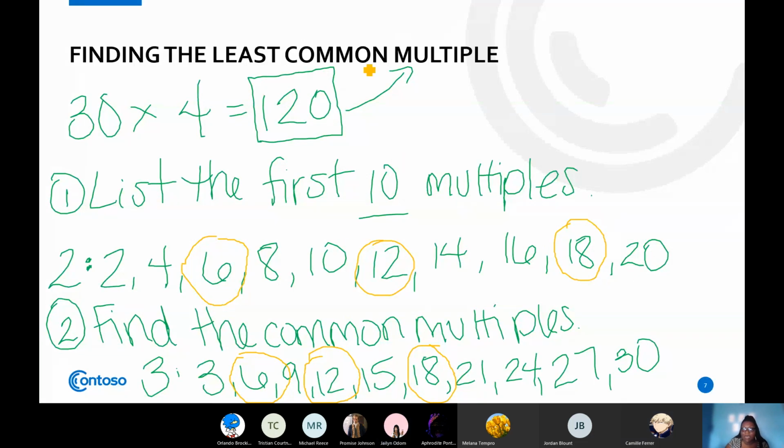And so my least common multiple here would be 6. Any questions about how Miss Neville found the least common multiple here?